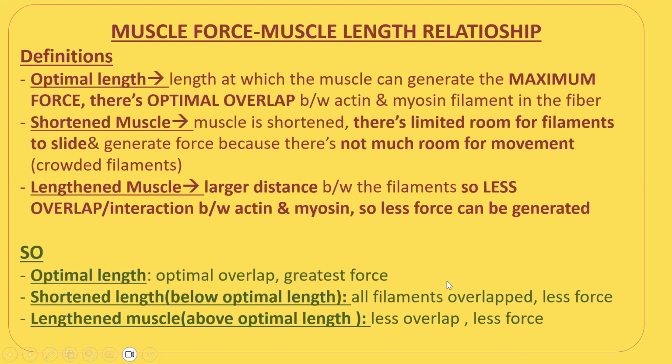Shortened length is when all the filaments are overlapped. There is less force because you're already contracting the muscle. And lengthened muscle is less overlap. There is less force because you stretch the muscle. Another word for shortened length is below the optimal length, or below the resting length of the muscle. And another word for lengthened muscle is above the optimal length, when you are stretching the muscle.